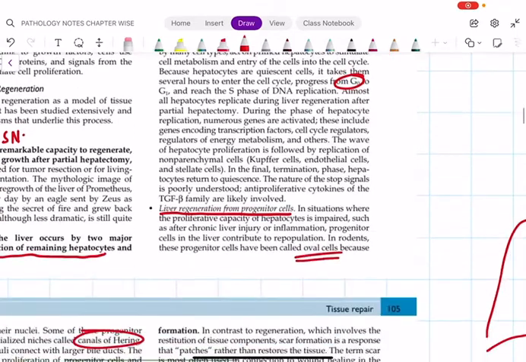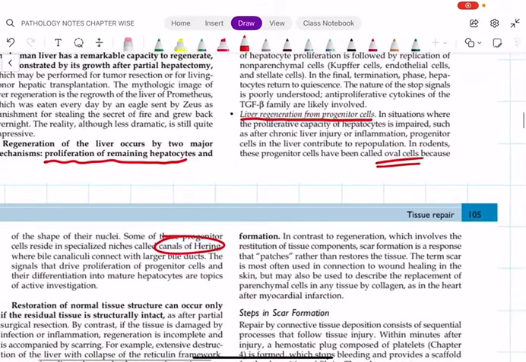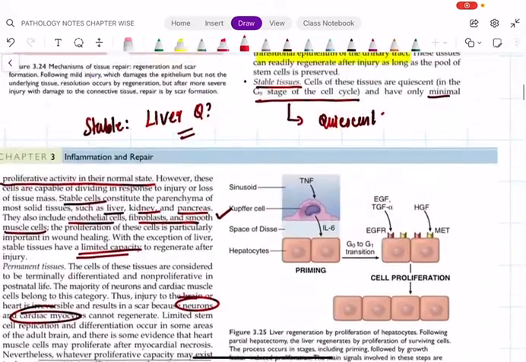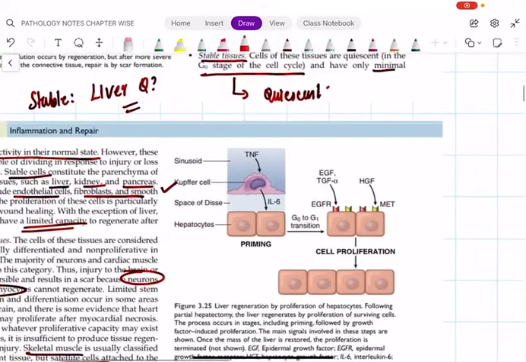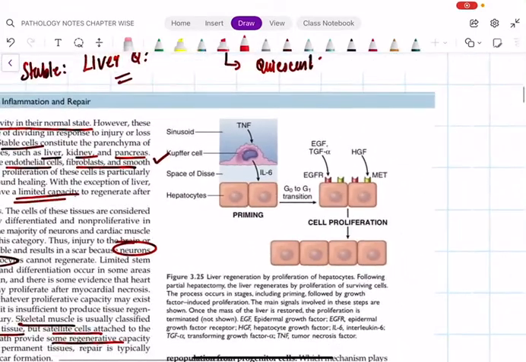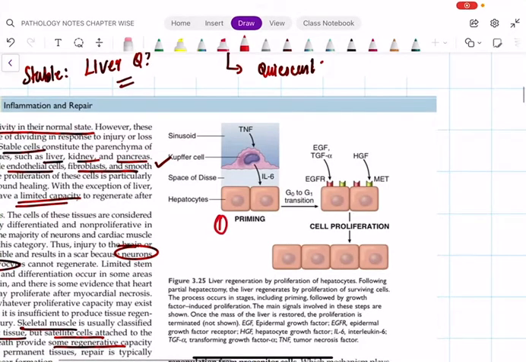And there are one or two steps here which are very important. Let us focus on the picture. Whenever there is hepatectomy, two steps occur. Number one is what we call priming, and number two is cell proliferation.